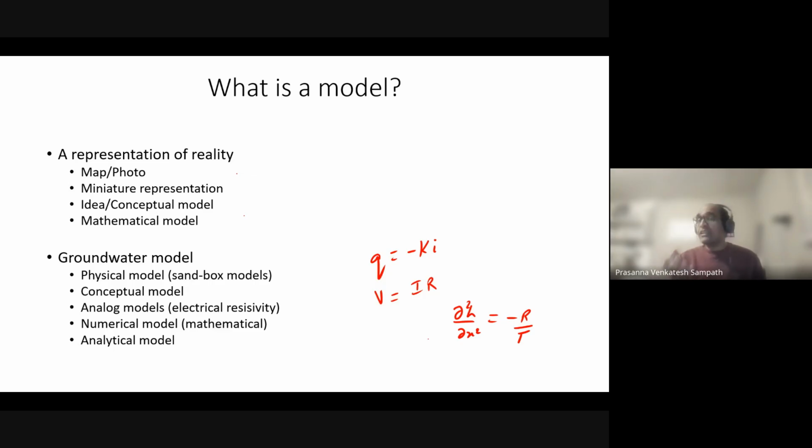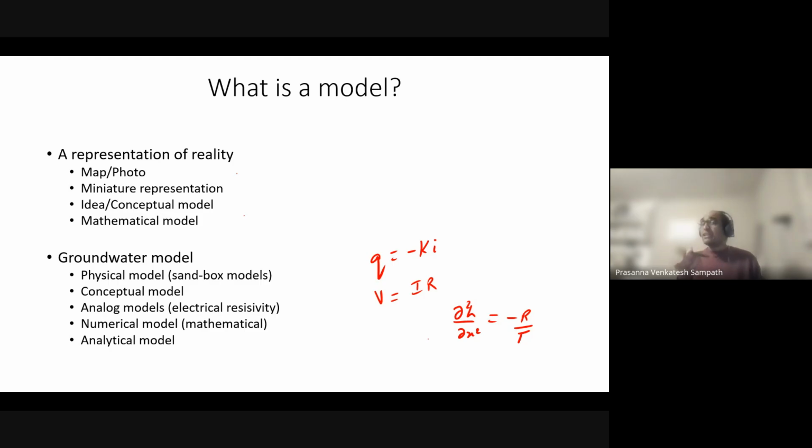Now, this is an analytical expression, which is telling me what the head will be in a particular, this is actually for a confined aquifer at steady state with recharge, right? It's a one-dimensional confined aquifer at steady state and it's a homogeneous aquifer because the T has come out of that equation. Anyway, this equation you can solve if I give you two boundary conditions, right?